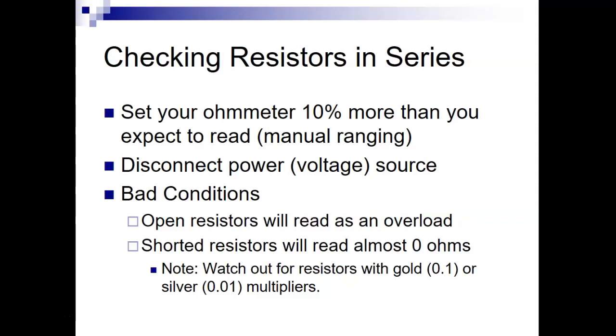Now, the best thing I can tell you about a short versus an open. A short is exactly what it sounds like. It's almost like a shortcut. So if you have a route between here and your house, each resistor is a different speed zone.